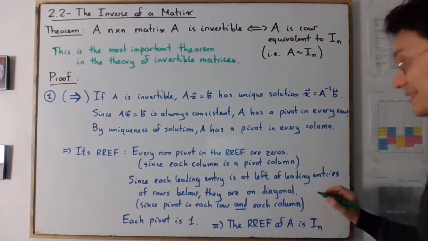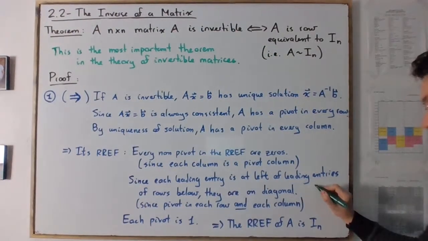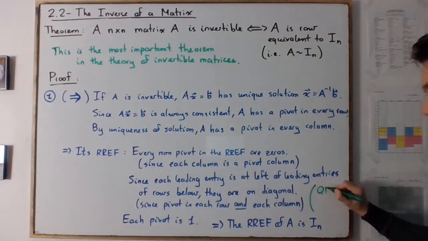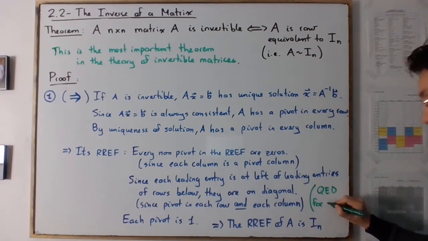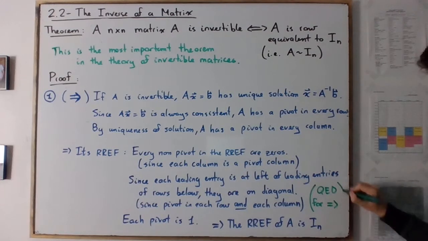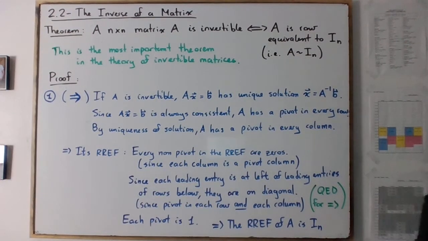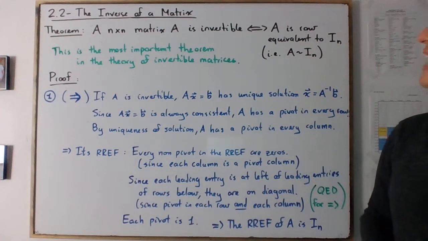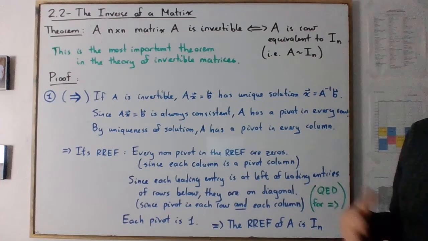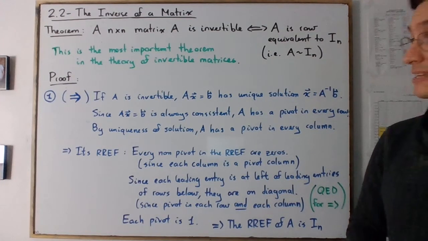Now keep in mind, this is the end of the proof for that part. So I will say here QED for this arrow. So we proved that A is invertible only if A is row equivalent to I_n.